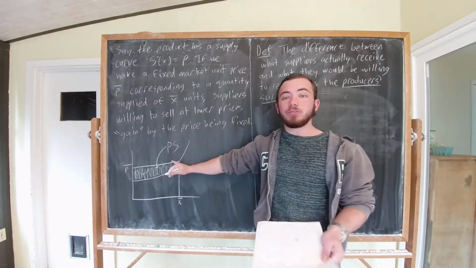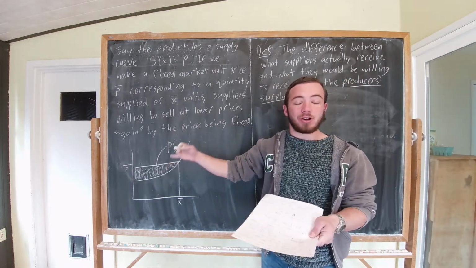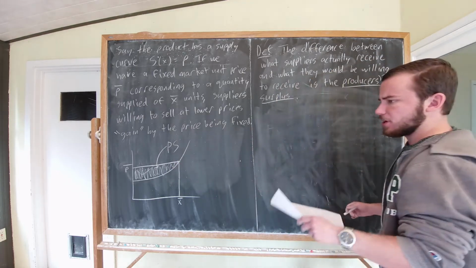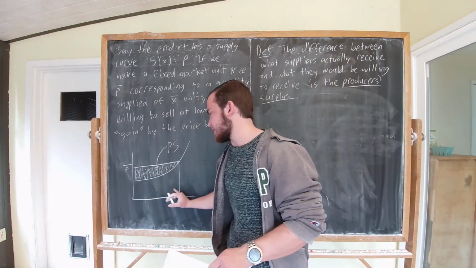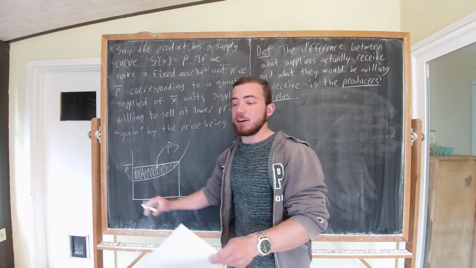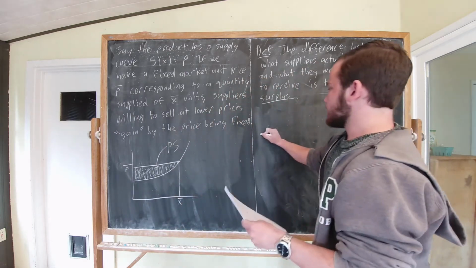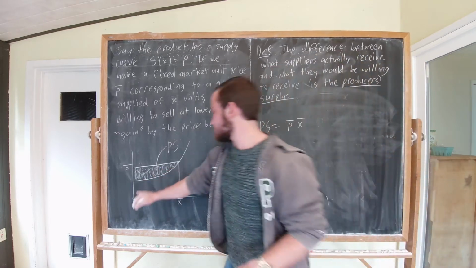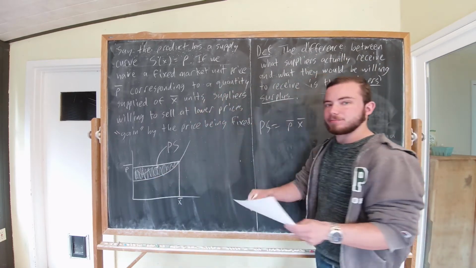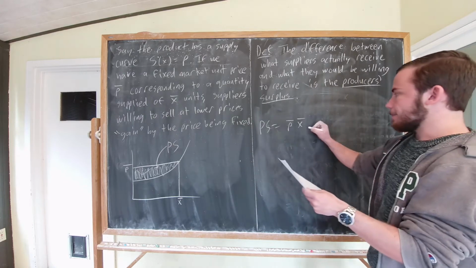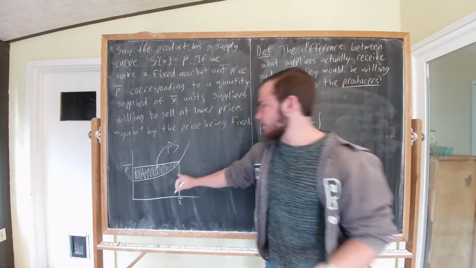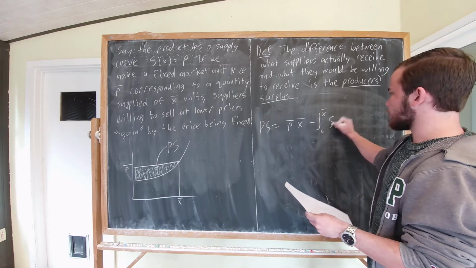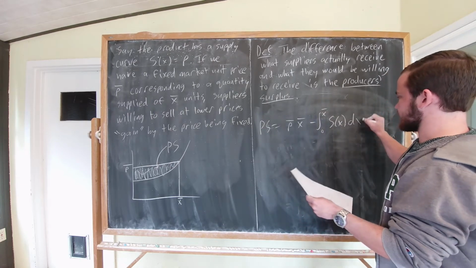And we can use the same area between two curves techniques to measure this. Alternatively, you could do it with Riemann sums. We're trying to say, oh, it's the area of this rectangle minus the area under this curve, which is given by the formula: area of the rectangle, x bar times p bar, base times height, minus the area under that curve, which is the integral from 0 to x bar of our supply curve, s of x dx.